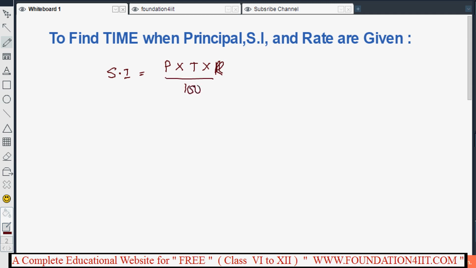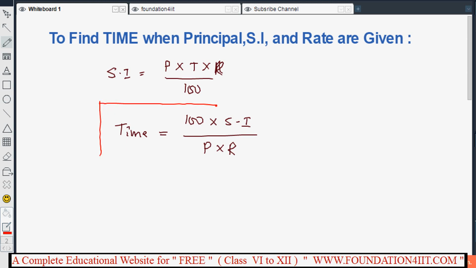From this formula only we can find the time. So time is equal to 100 into simple interest, because 100 is in the denominator, divided by what we need to find. That is, time is equal to 100 into simple interest by P into R. In this case we'll use this formula, which you can make just from the simple interest formula.